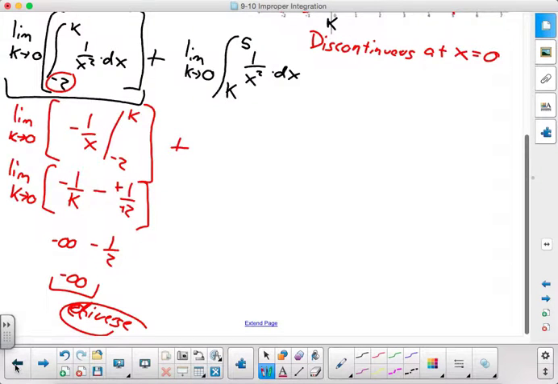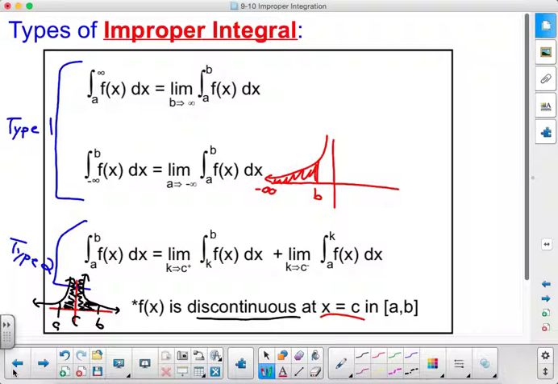Let me just double check this. Using this formula, how did I write this backwards? You had the k on the bottom this time, but in the example, you had the k on top the first time. Yeah. So here we should have put the k on top. We should have got a positive infinity out of this, and not a negative.